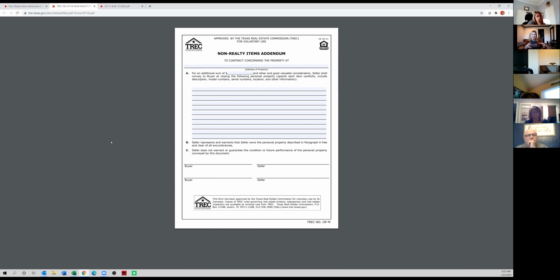You do want it to be as detailed as possible on this form, because if you just say refrigerator, and then they take out the really nice, pretty side-by-side stainless refrigerator and throw in a cheapo one that looks like a garage refrigerator into the kitchen. I just always want to be as clear as possible to make sure that everybody knows exactly what is being conveyed. Yes, I've seen a bad fight over which fridge.